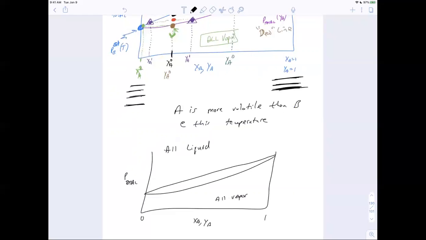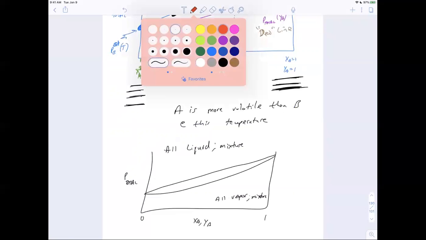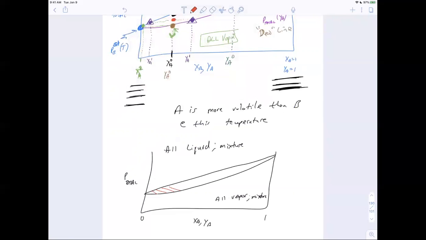We still have mixtures. And in between, this is the two-phase region right here. So that's the two-phase region of our phase diagram.